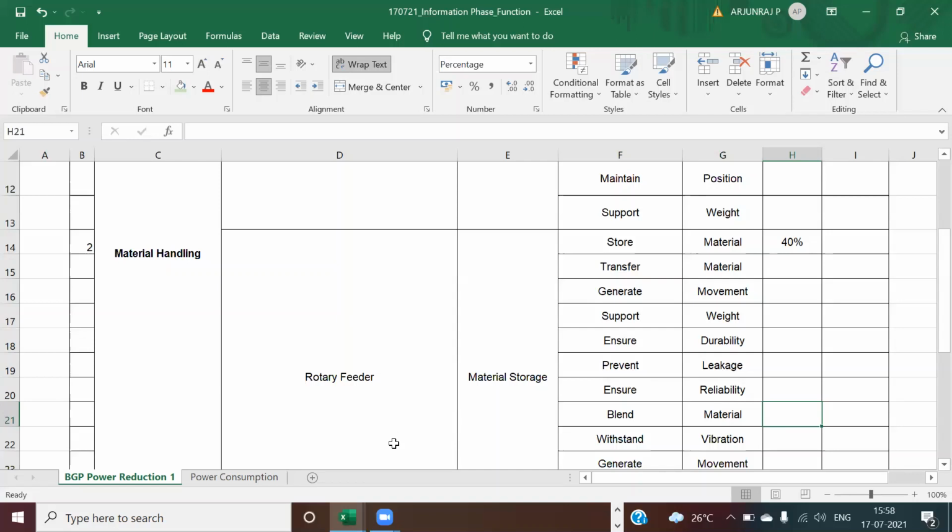Is there any other? With a slight modification, it can create air. Normally, we are using it in a horizontal position. If we keep it in the vertical position, 90 degrees, some blade will be moved, and it will work as a fan.